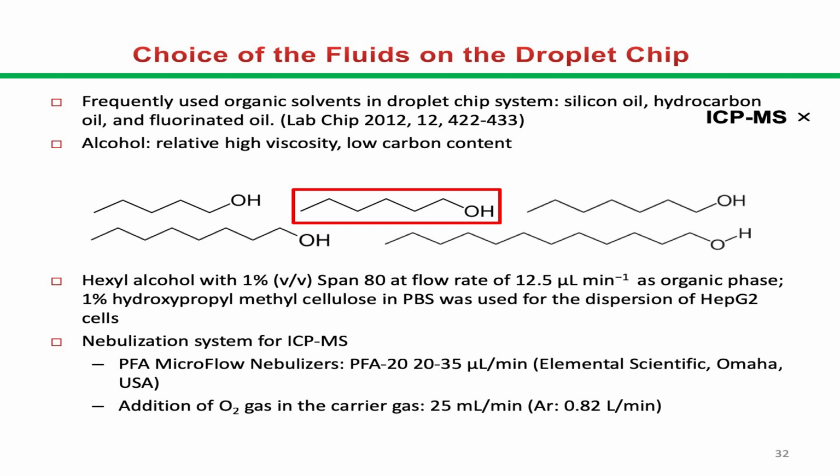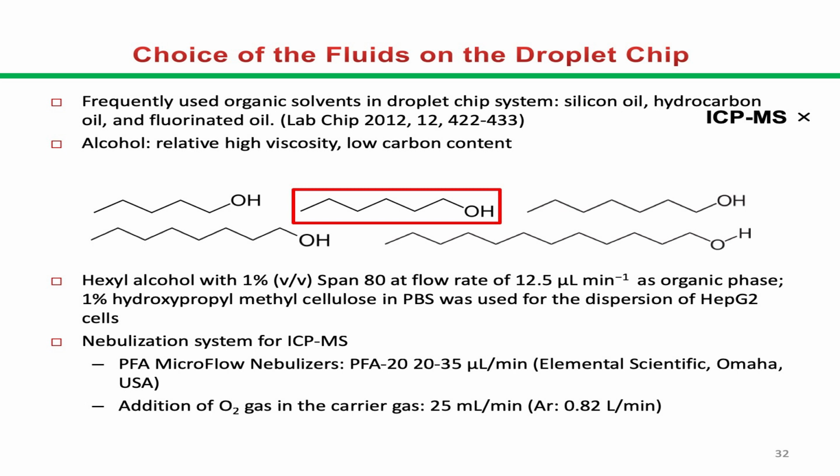And the third one, the interface between the microfluidic chip and the ICP-MS should keep the suspension stability of the droplet, and also including the baseline of ICP-MS and the time-resolved development time and something like that. And first, we choose the suitable fluids on the droplet chip.